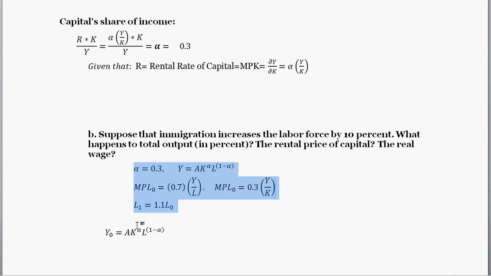Okay, so now that we got our setup, initially production was this. So production Y sub naught was here. And now production has gone to the following. But what is new labor equal to? It's just this equation right here.